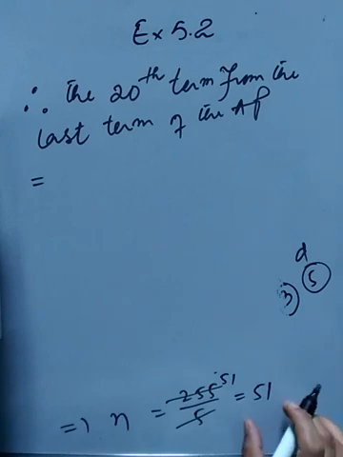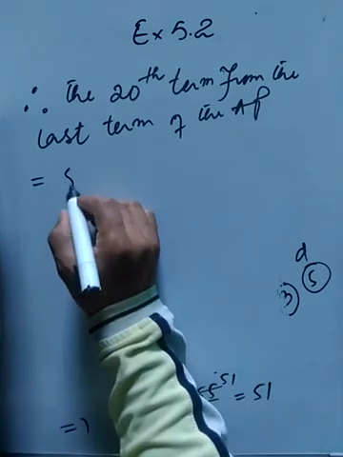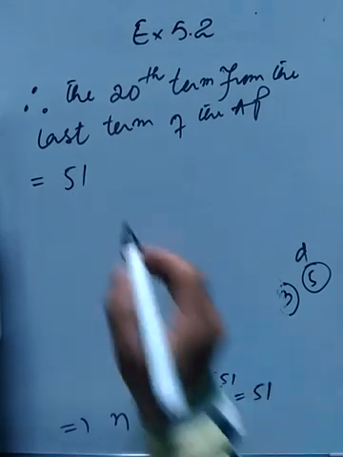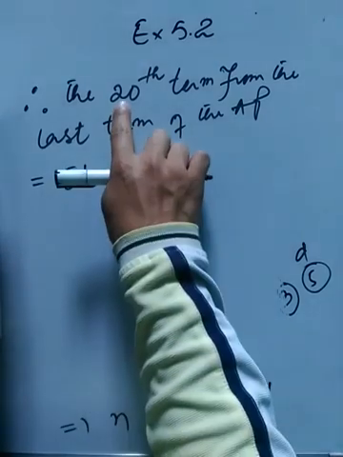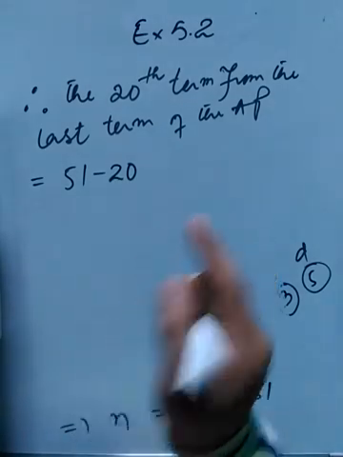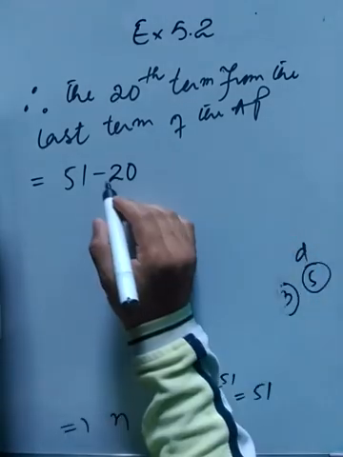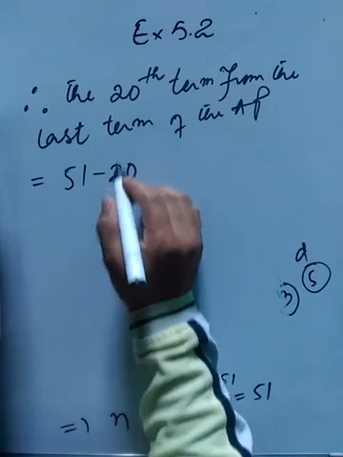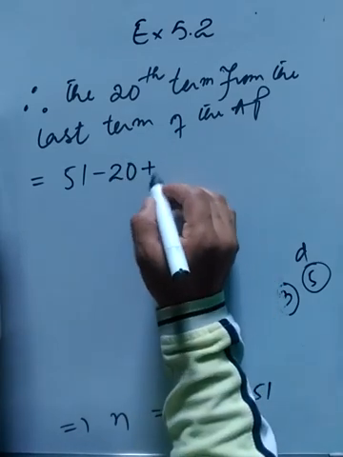We have 51 terms, so we write here 51. After that you subtract, this is 20, right? So here you subtract 20. If the question says 16th term from the last term, then instead of 20 you write 16. After that you add 1.